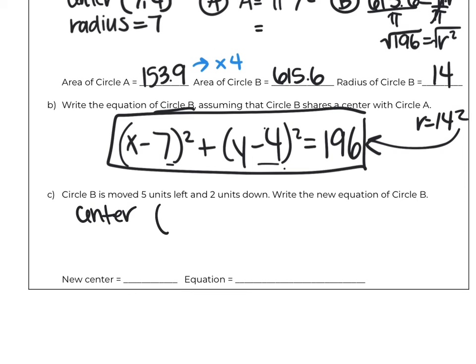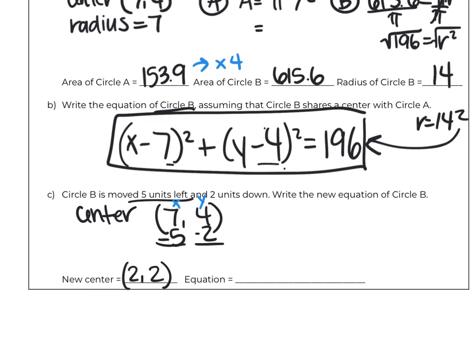Should be the opposite of what's plugged in. 7 and 4. Okay, if it's moved 5 units left, does that change your x, your 7, or the 4, which is the y? Basically subtract 5 from 7. So that gives you 2. And then also 2 units down. So that will change the 4 to also 2.